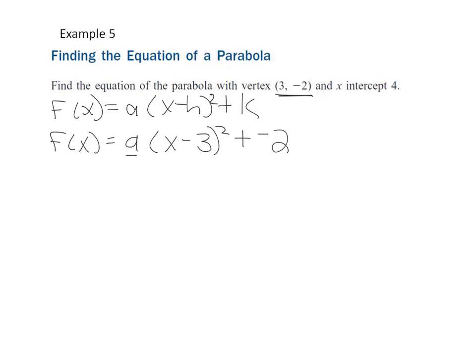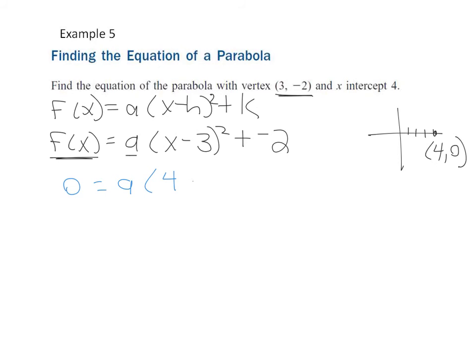We need to find a, but we know we have an x-intercept of 4. So think about an x-intercept at 4. That's where x is 4, y is 0. So why not plug that in? This is my y, right? So I'm going to say that's 0.